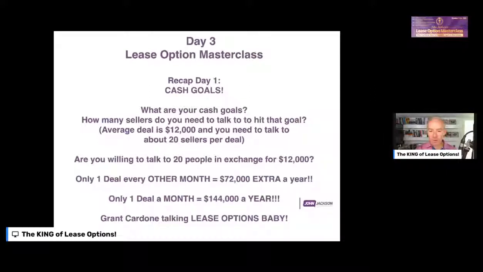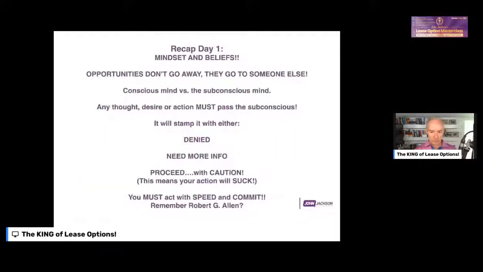We even showed Grant Cardone talking about lease options, about how he's using lease options on a commercial property in The Undercover Billionaire. And then we got into mindsets and beliefs, talking about how opportunities don't go away, they go to someone else. We talked about the conscious mind versus the subconscious mind, how any thought, desire, or action must first pass through the subconscious mind before you actually take action.